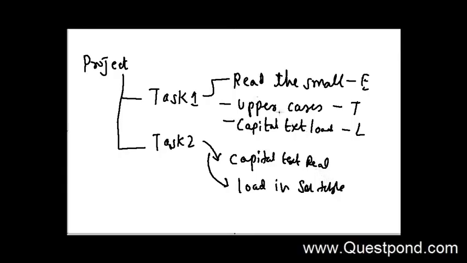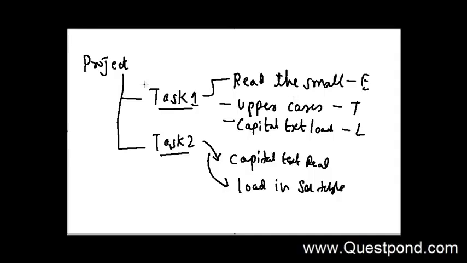So we have two tasks. Task one: read the small text file, convert its data into upper cases, and create a capital text file with the converted data. Task two: read the capital text file created by task one and load it into the SQL table.